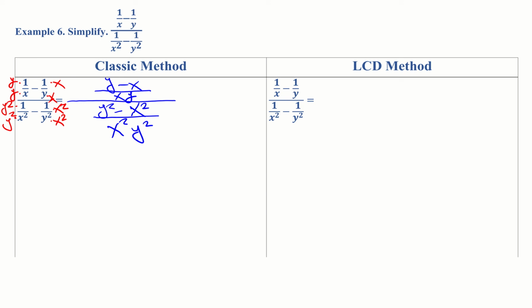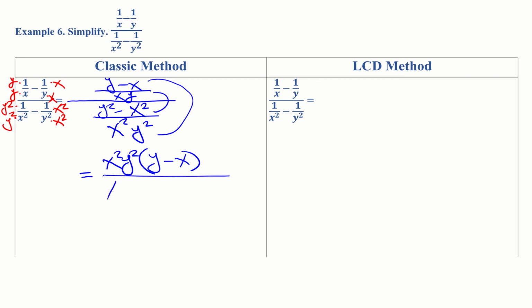So we're already at one fraction divided by one fraction, so we can go ahead and do the outer product over the inner product. So we get x squared y squared times y minus x. That's this outer product. We wrote the monomial first. And this inner product, this times this, is going to be over xy.